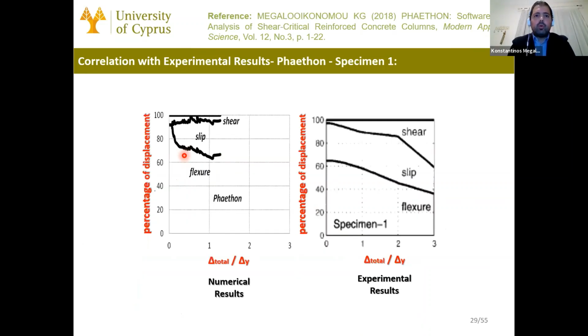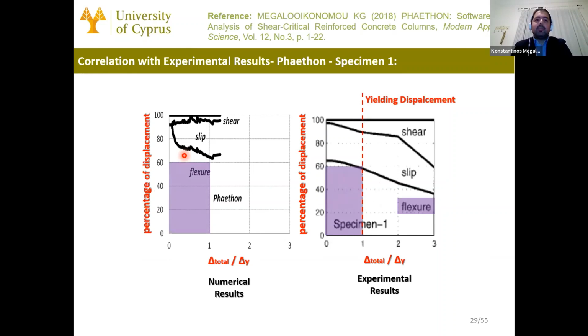If we compare the contributions of shear, slip, and flexure at each level of displacement with experimental results, we can see that at yielding, for example, the flexure is 60%, slip is 30%, and shear is 10% in the experiment.